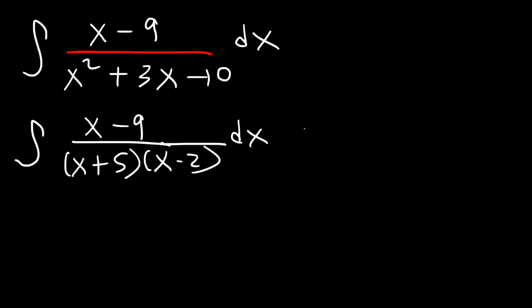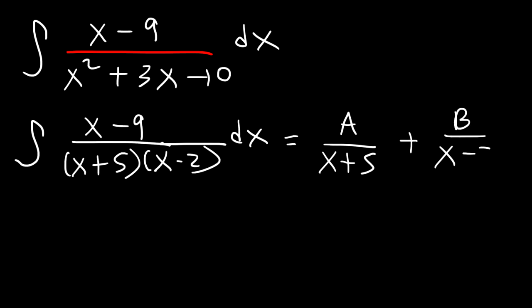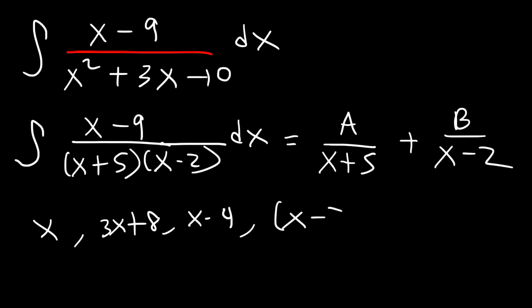When you're dealing with linear factors, you're going to use one constant in a numerator, like a or b. So we're going to break this fraction into a over x plus 5 plus b divided by x minus 2. Linear factors include x, 3x plus 8, x minus 4, even x minus 3 squared. That's a repeated linear factor.